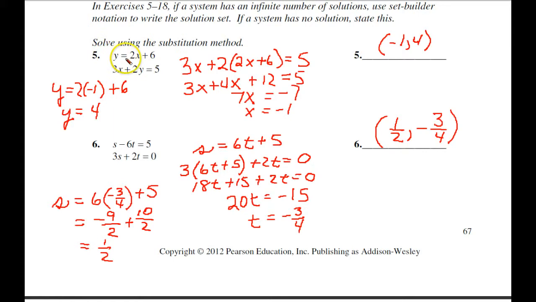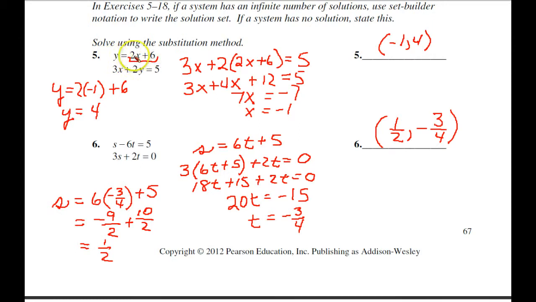Okay, the key to this is that you want to have either the x or the y equal something all by itself. So here we have a y equals this.